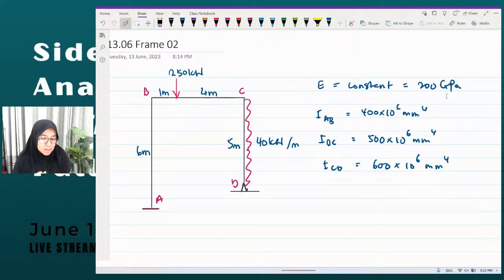This is ABCD. So column AB is 6 meters, column CD is 5 meters. This frame is subjected to a point load 1 meter from point B, and there is a uniformly distributed load along member CD.